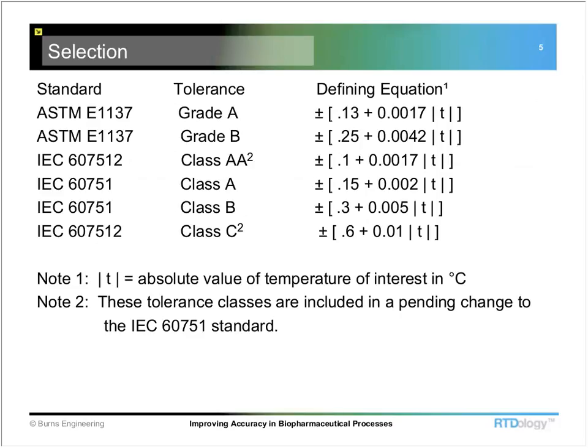And there are some equations that define what the interchangeability tolerance is at any given temperature. So if we look at the first one on top here, the ASTM standard, what we call a grade A tolerance, you plug your temperature in degrees C into this equation and run the numbers, and it'll give you what that interchangeability number is.